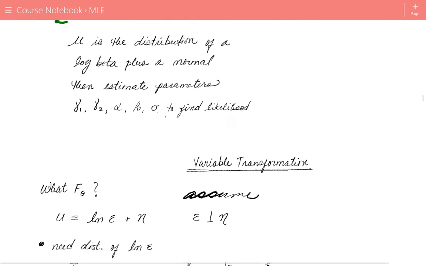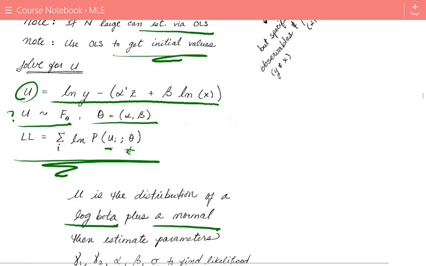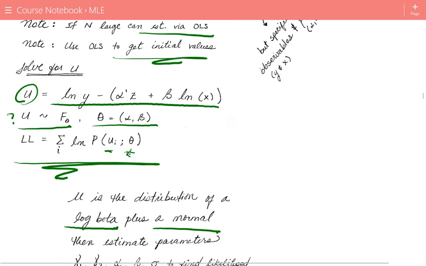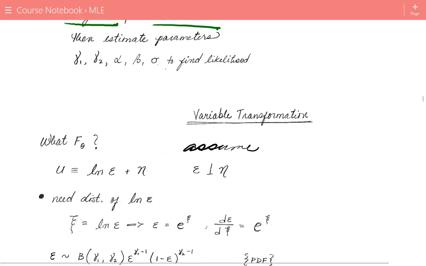Well, what is the distribution for u? It's going to be the distribution of a log beta plus a normal, right? Because what is u? U is the log of epsilon plus eta. Epsilon is a beta, so the log of a beta plus a normal, right? Here's my beta, here's my normal. And I now then want to estimate the parameters associated with this overall model.